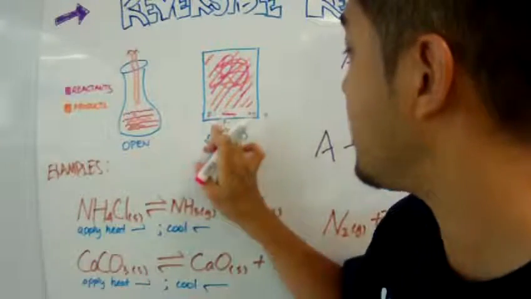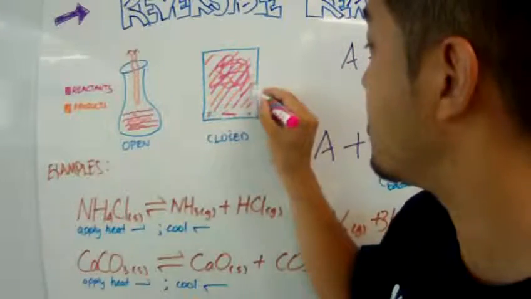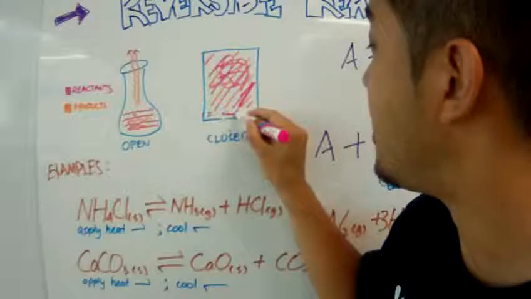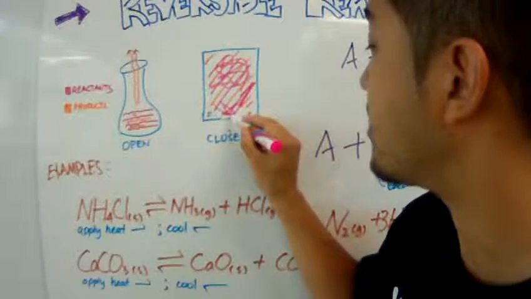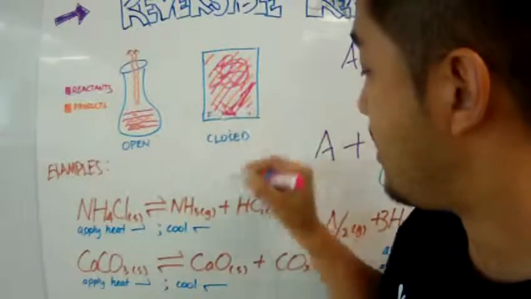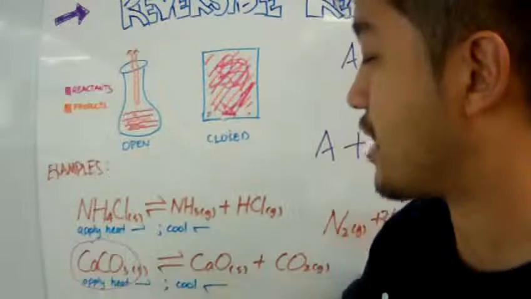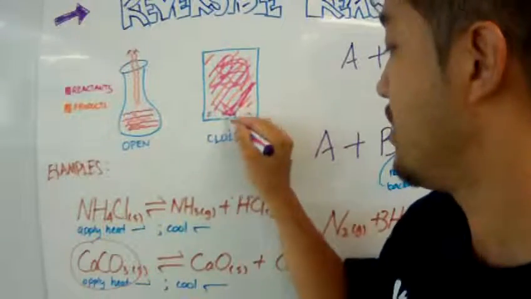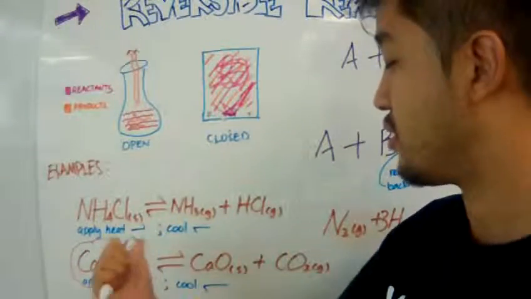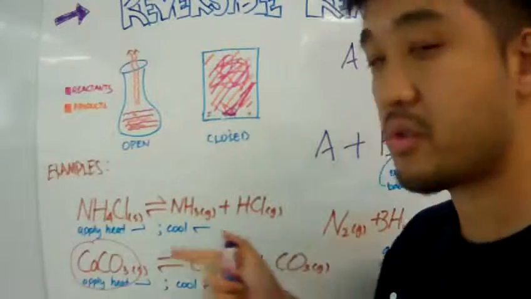Now, when you remove the heat, the molecules of the CO2 are going to hit the solid calcium oxide, and it's going to form back calcium carbonate. All right? So reactants get formed. So when you apply heat, it goes to the right. When you let it cool down, it goes to the left.